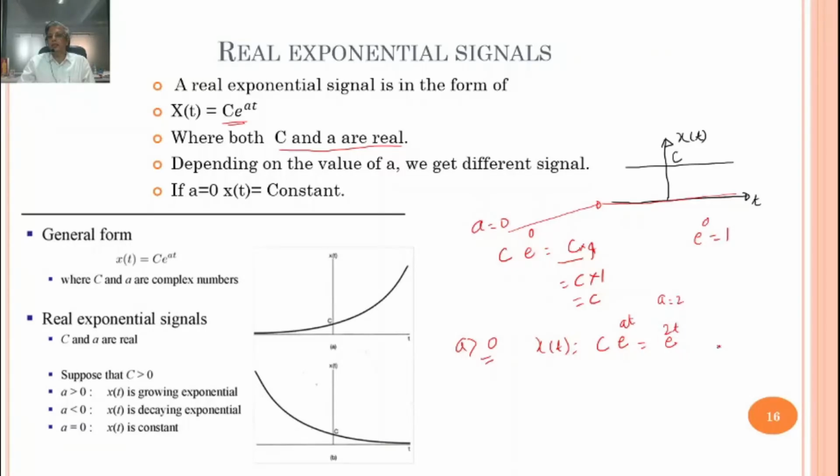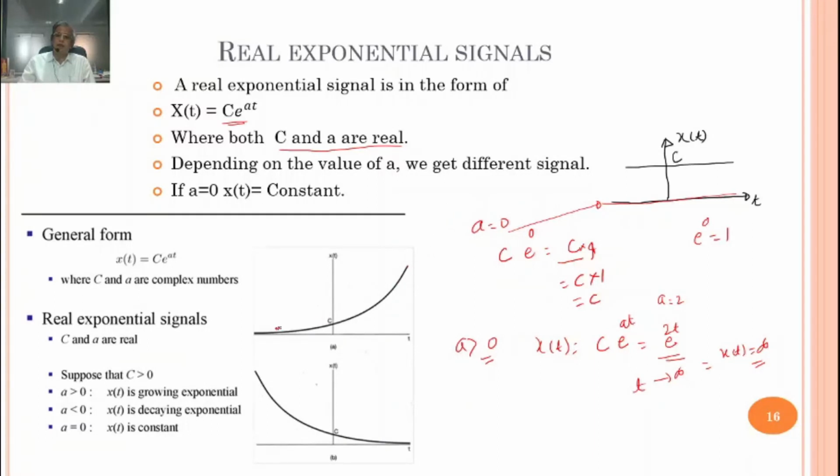As t is increasing, this value is increasing, and at t equal to infinity, the signal becomes infinity. Means the signal is growing exponentially.